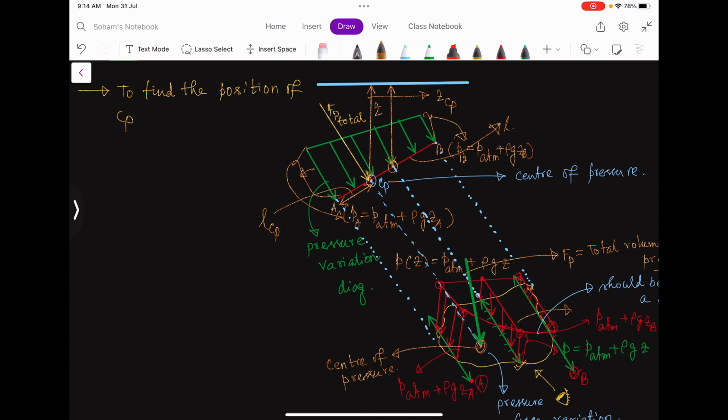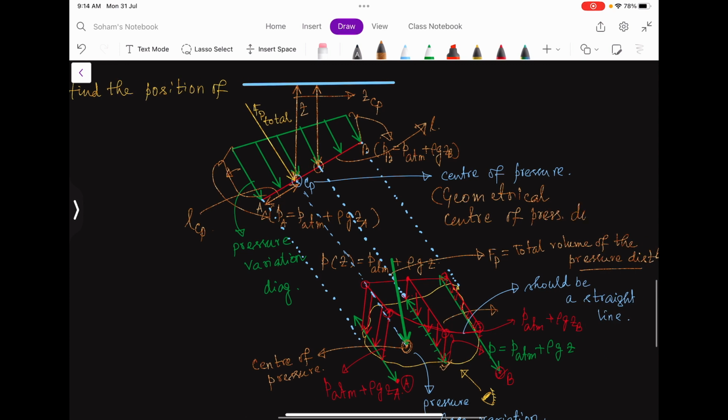That's why, now this center of pressure geometrically is nothing but the geometrical center of pressure distribution, right?